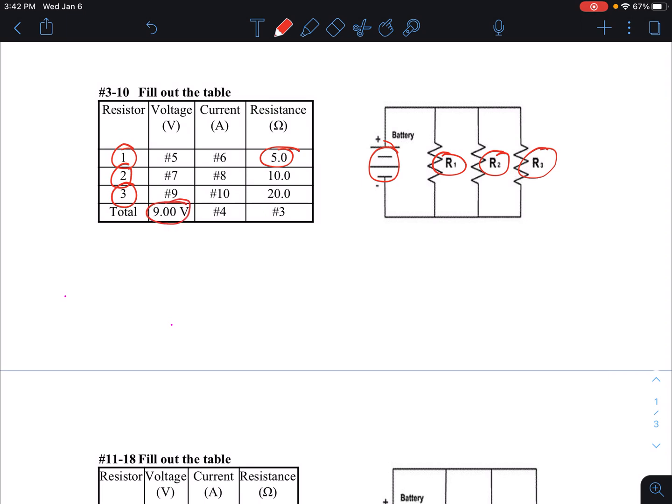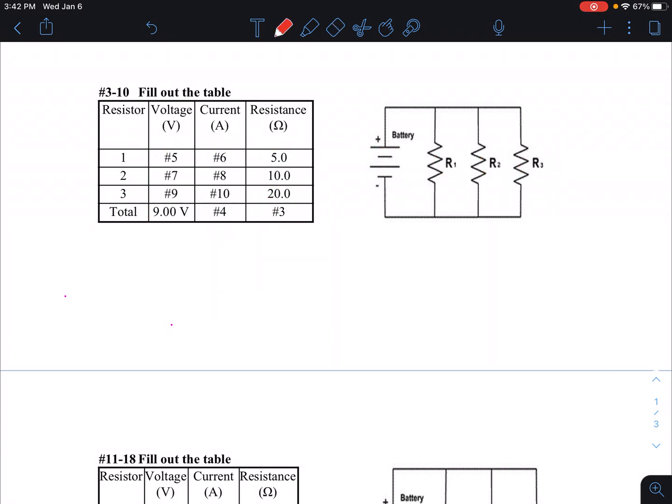We're given the total voltage as well as what the resistance was at each one of these three positions, resistor 1, 2, and 3. We do not know what the total resistance is. We do not know what the current is in one of these, and we don't know what the voltage is in any one of these as well. So that's what we've got to solve for in this problem.